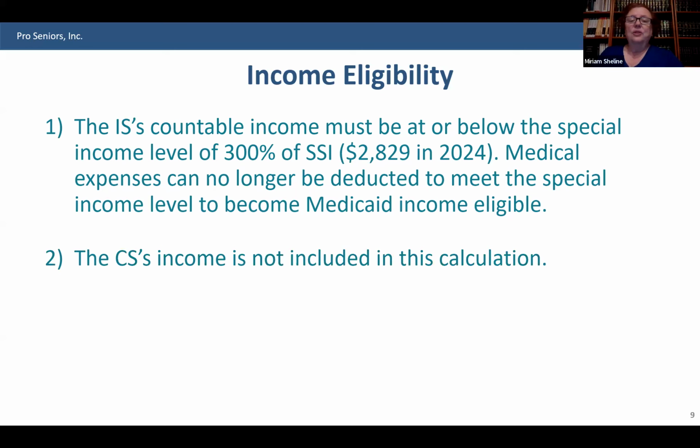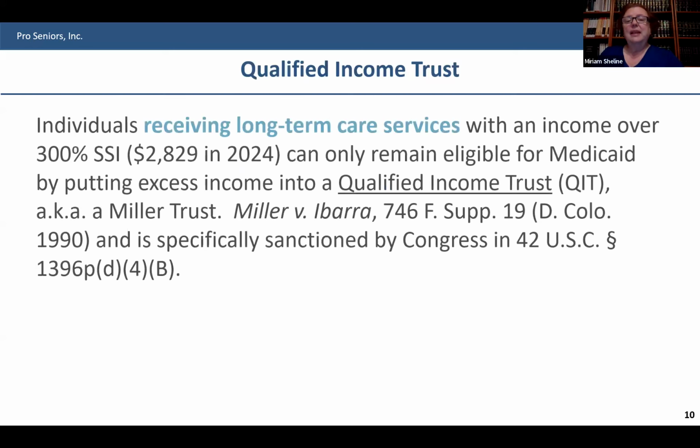We have to reduce their income by setting up a qualified income trust, or QIT. It is only appropriate for individuals receiving long-term care services, which includes our waiver services.